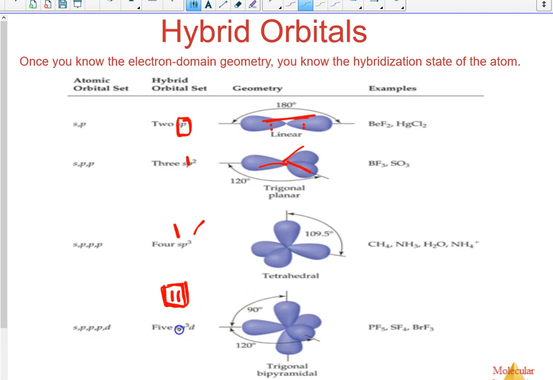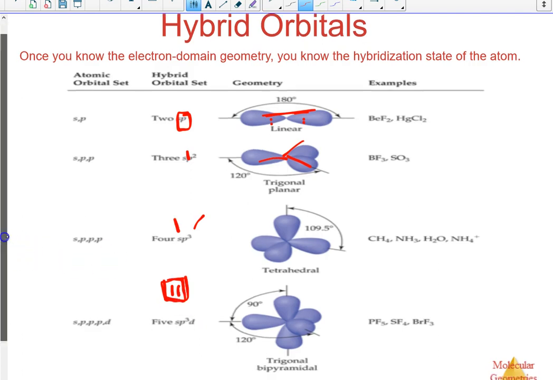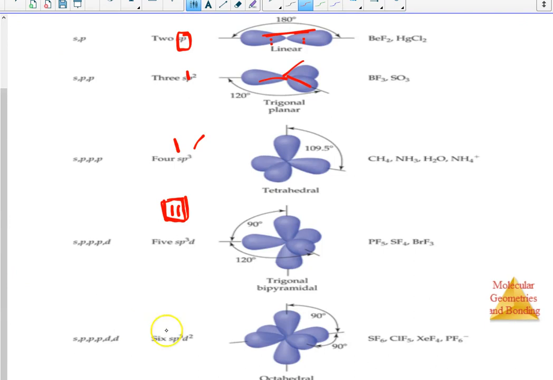We have 1 in the S, 3 P's overlap, and 1 D overlap. All right? And then, lastly, if we have 6, we have SP3D2, because this always at the top will add to 6. The hybridization will always add to the electron domain number.